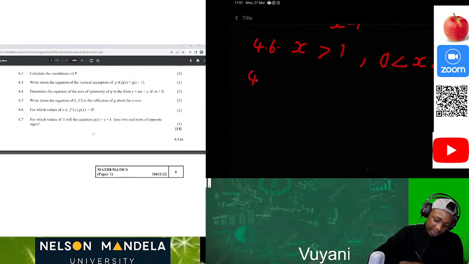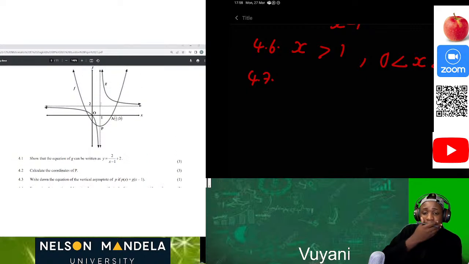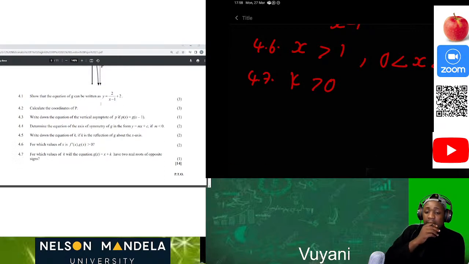Now on 4.7, this is nice, guys. Functions are so nice. For which values of k will the equation g of x equal to x plus k have two real roots of opposite signs? Where can we have this? We can see that when the k value is greater than 0, then we have two roots of opposite signs.